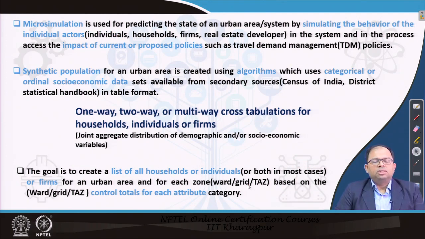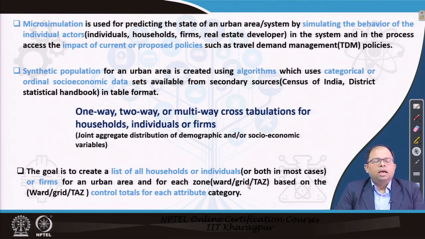Micro simulation is used for predicting the state of an urban area or system by simulating the behavior of the individual actors, which could be individuals or households, or firms, or real estate developers in the system, and in the process assessing the impact of current or proposed policies such as travel demand management policies.